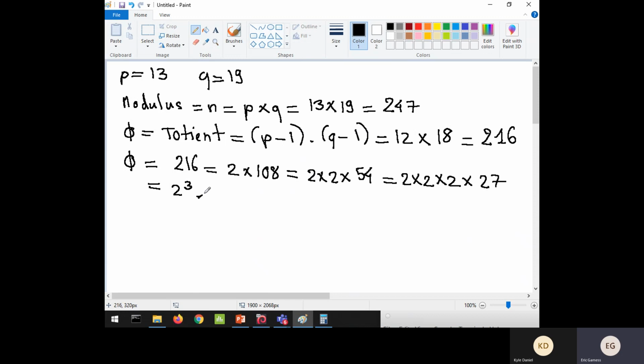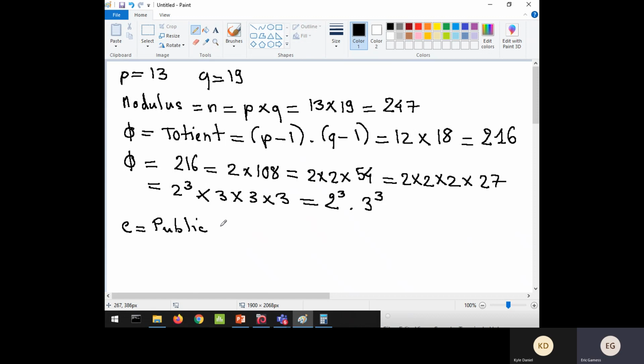And 27 is 3 times 9. And 9 is 3 times 3. So at the end, this is 2 to the power of 3 times 3 to the power of 3. Okay, it's 8 times 9. Is it okay?